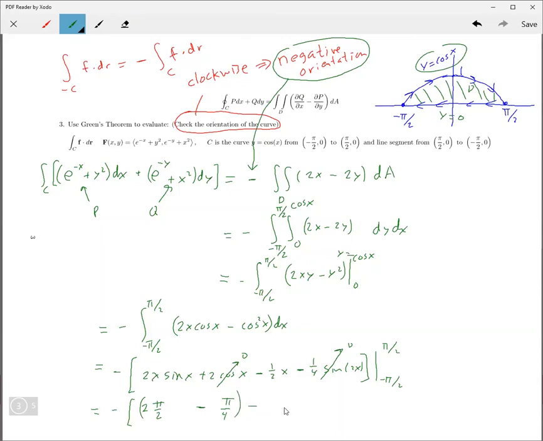And then when I put negative pi over 2 in, I have 2 times negative pi over 2 times sine of negative pi over 2, which is negative 1. And then minus a negative pi over 4.